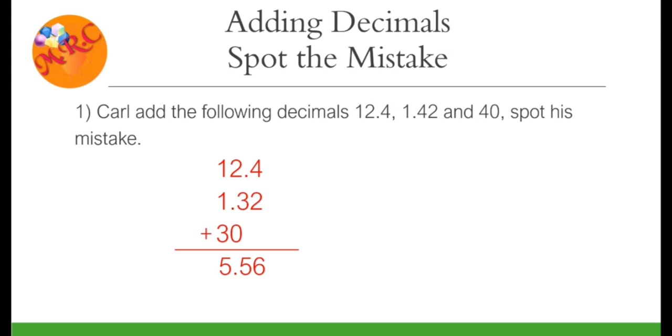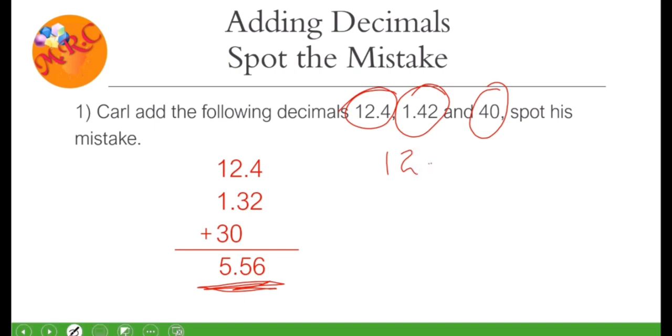So add the following decimals, 12.4 plus 1.42 plus 40. And we're asked to spot the mistake. So looking at this, what did Carl do wrong? Oh, he didn't align the numbers properly. All right, and because he didn't align the numbers properly, what happened with his answer? Do you think his answer would be correct? No. So let's align the numbers correctly.